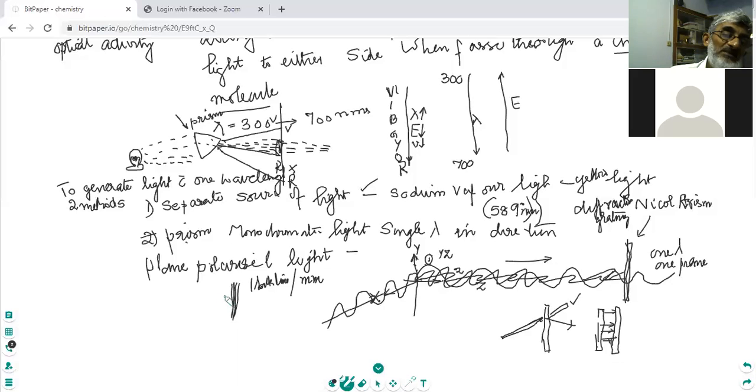So the wavelength is of the order of nanometers, 300 nanometers to 700 nanometers. So the gap between the lines should be smaller than this, smaller than the wavelength of this wave.